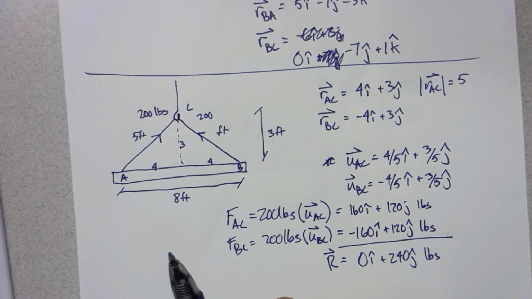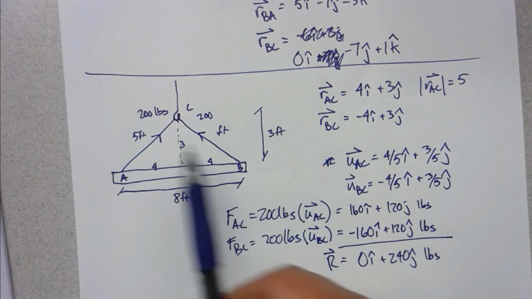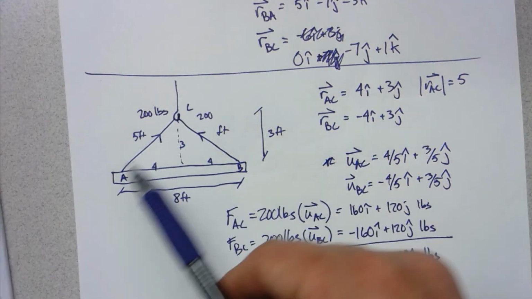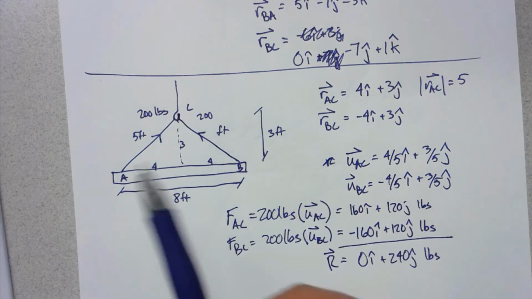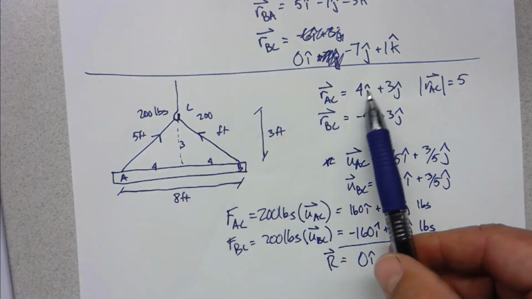Okay? So you don't really need to worry about this so much. That's actually chapter 3. But we're introducing the concept of a unit vector, which is really important. I think this is a very simple way to say, look, I have 200 pounds going in this direction, but I don't really know what that direction is. How can I tell you what it is? Well, I can figure out my position vector.